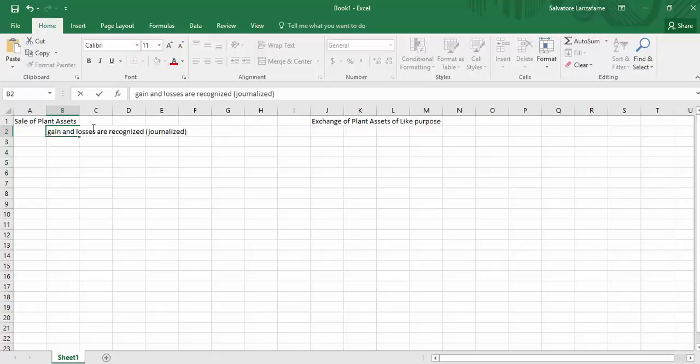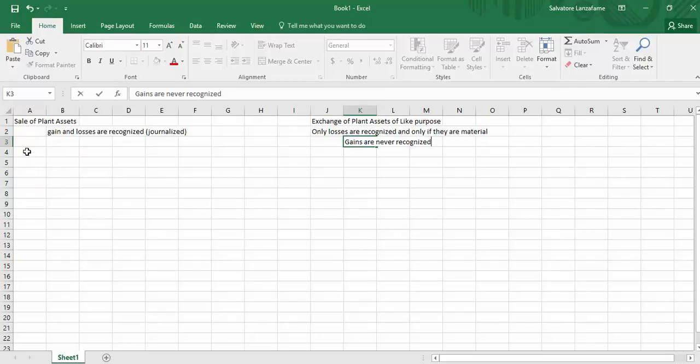When it comes to exchanges of plant assets of like purpose, only losses are recognized, and only if they are material in nature. In other words, they're a major amount. So only losses are recognized and only if they are material. So you don't recognize gains. So let's just write that down. Gains are never recognized. So a couple little rules to live by.